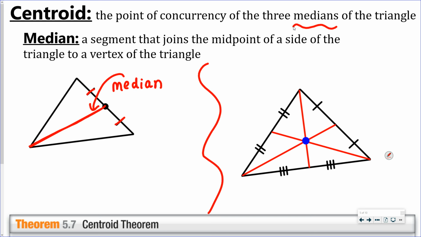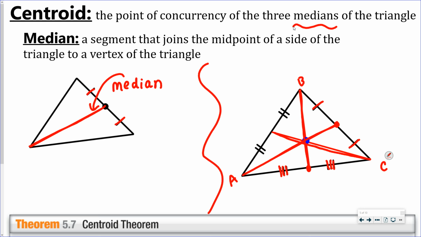So if we look at the median of each side, or of each vertex, however you want to think of it, like this median right here, I'll start over here. I can label this triangle A, B, C. So from vertex A to the opposite side, it passes through the midpoint, so it splits that side in half. From B to the midpoint, splits that side in half.